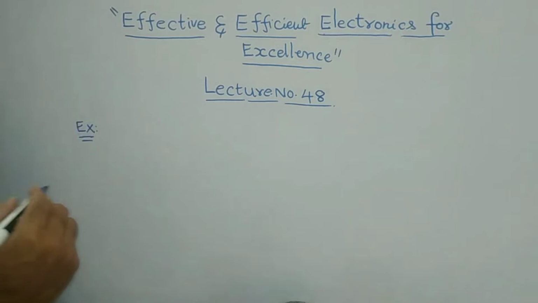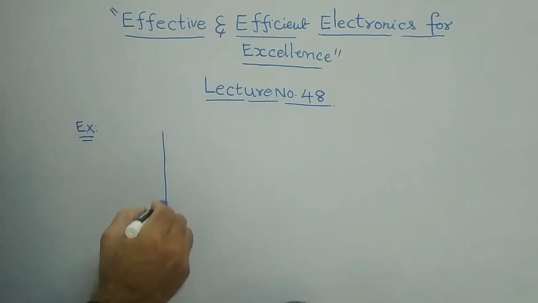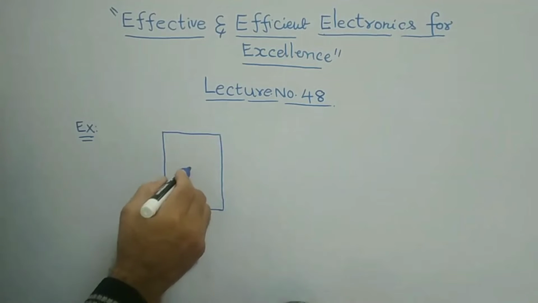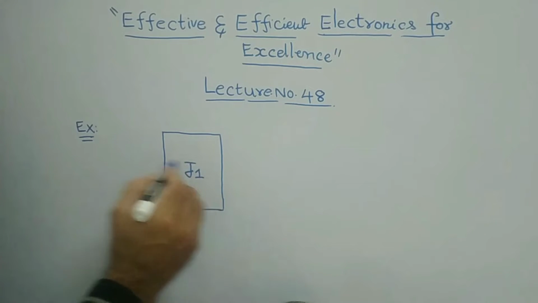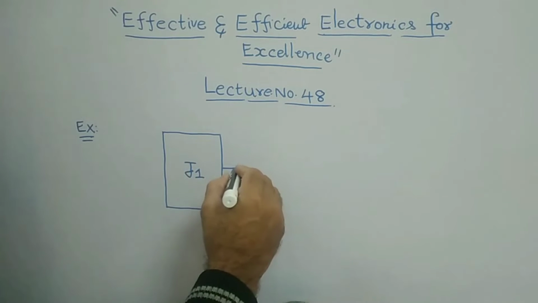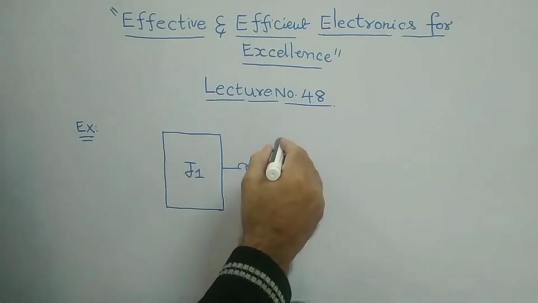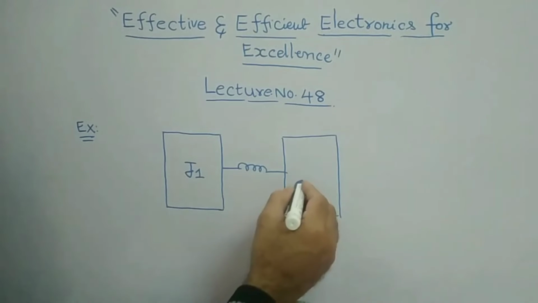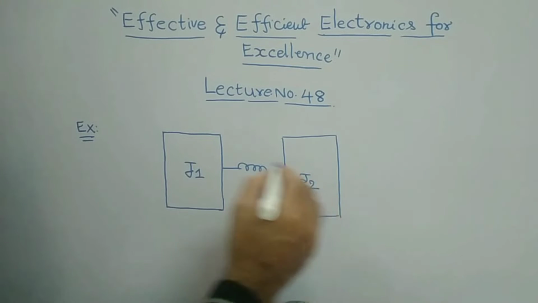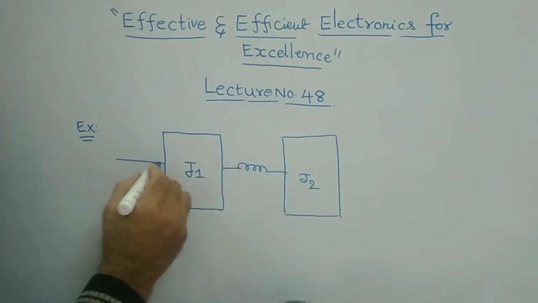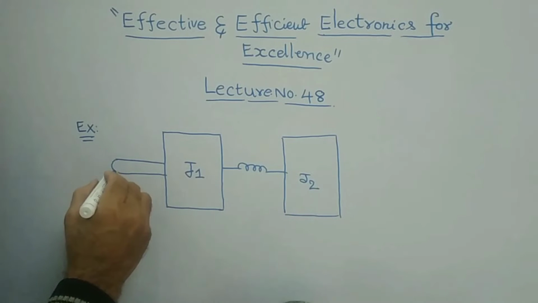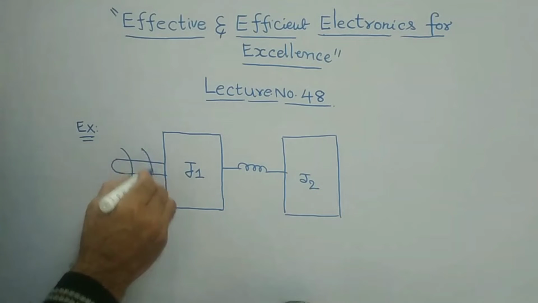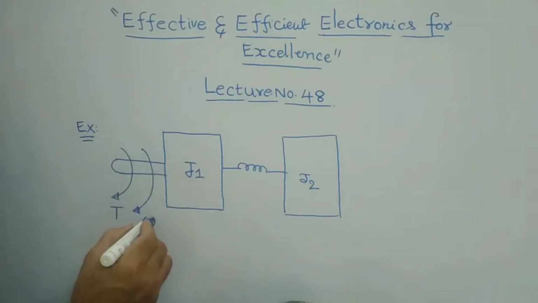This is one example and very important also. Let us consider this particular mechanical rotational system. It has moment of inertia J1, and this is connected with a spring to another mechanical block having moment of inertia J2. Here is the torque T. The angular displacement with respect to J1 is theta.